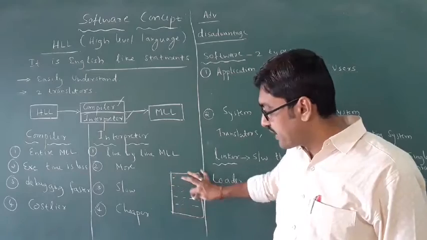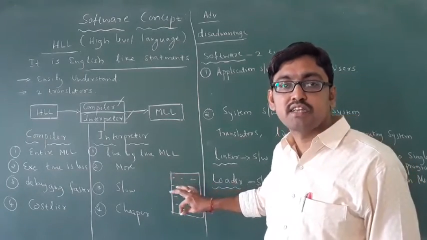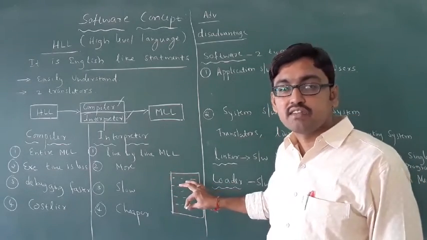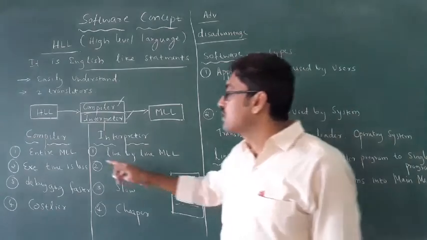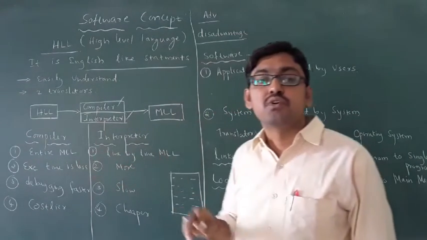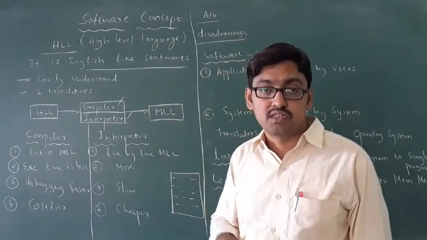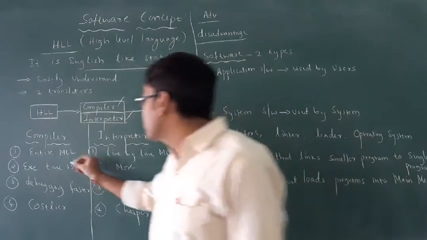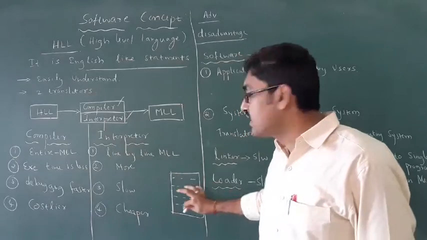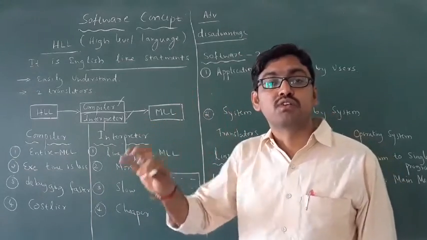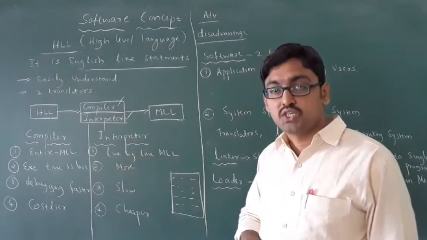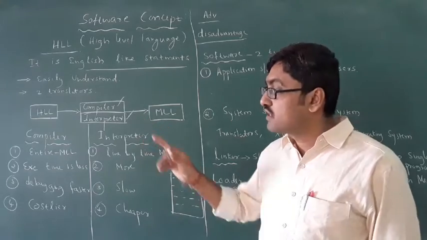It takes this entire program, all these characters, and converts it into machine level language. It takes the entire high level language at a time and converts it into machine level language. That is the use of a compiler.